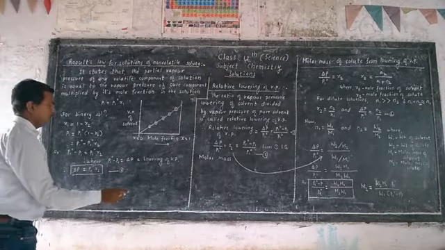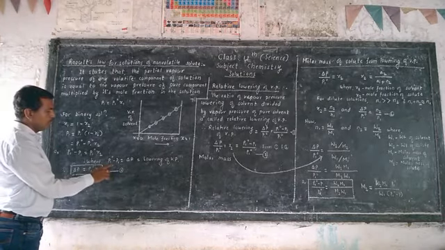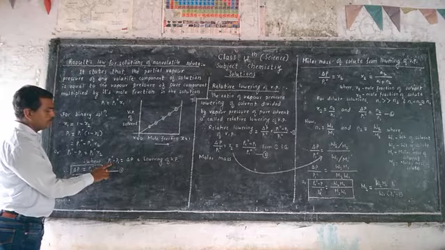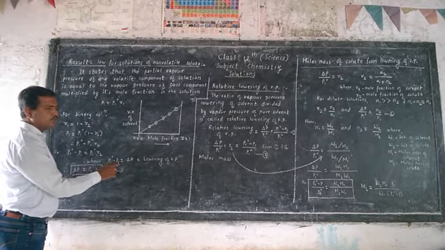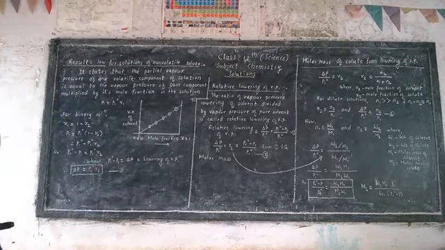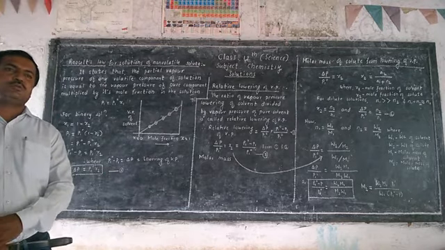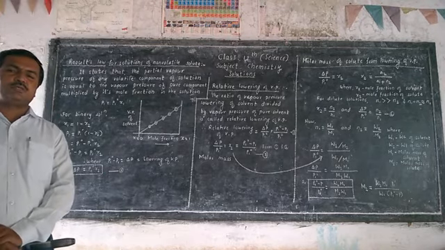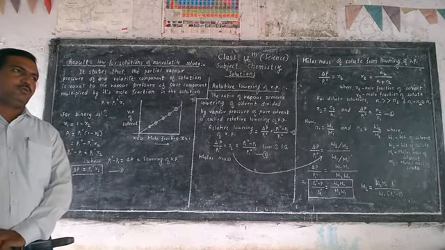The difference between the vapor pressure of the pure component and the vapor pressure of the solution is called lowering of vapor pressure. The vapor pressure of the pure component or pure solvent is always greater than the vapor pressure of the solution.